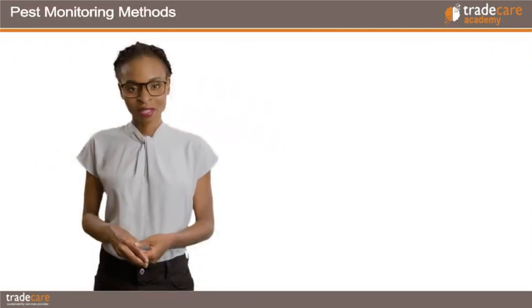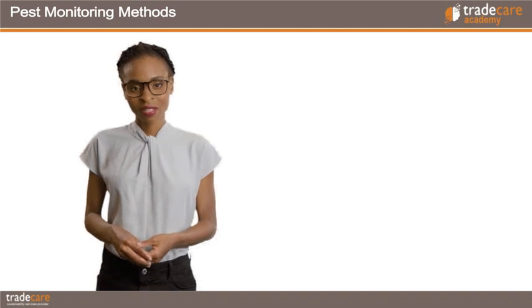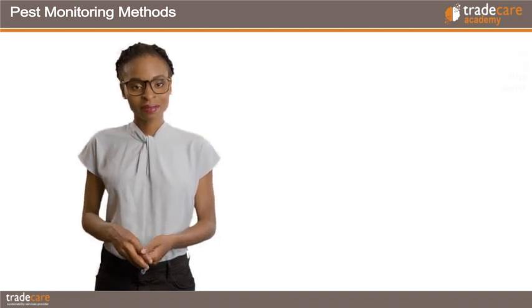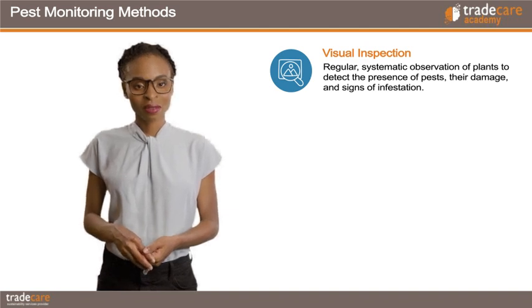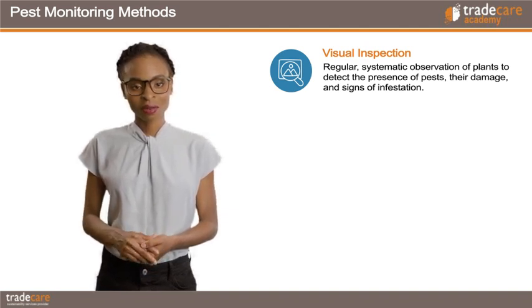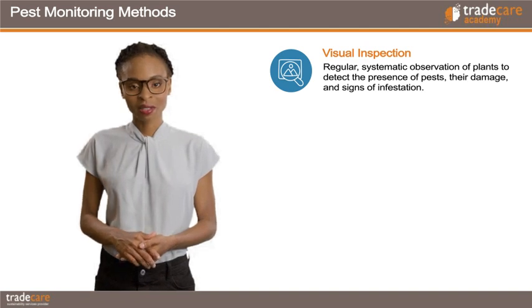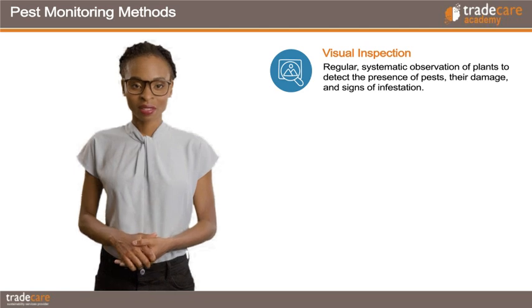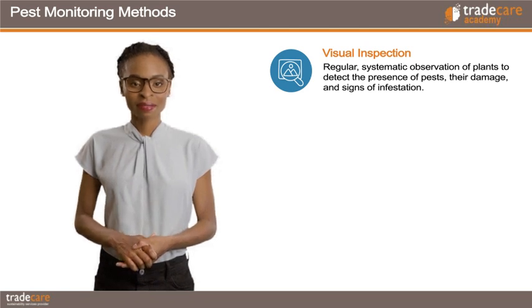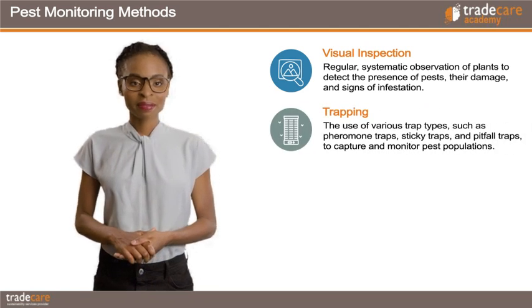Looking at pest monitoring methods, it is important to discuss visual inspection. This method involves regular and systematic observation of plants to detect the presence of pests, assess their damage, and identify any signs of infestation. Regular checks are essential for early detection. Trapping.